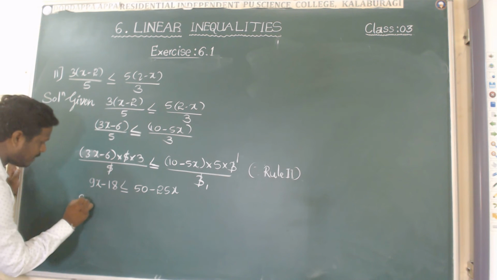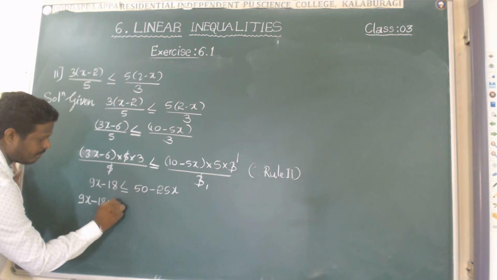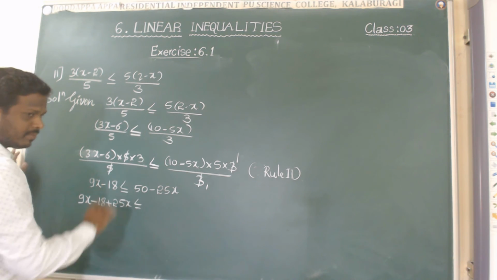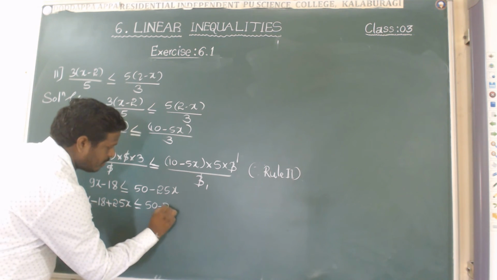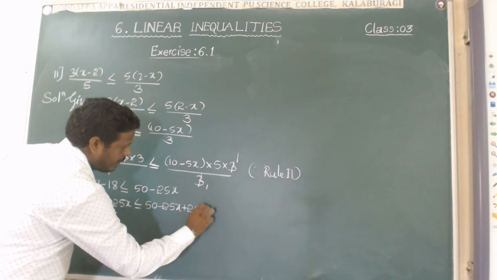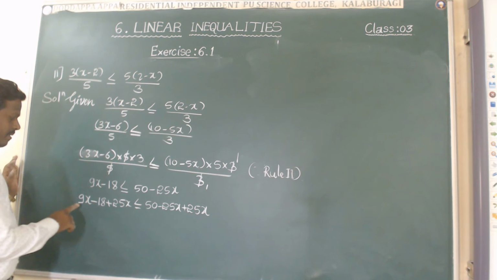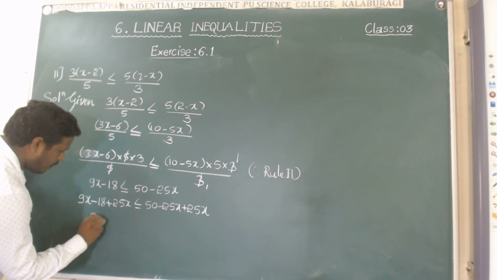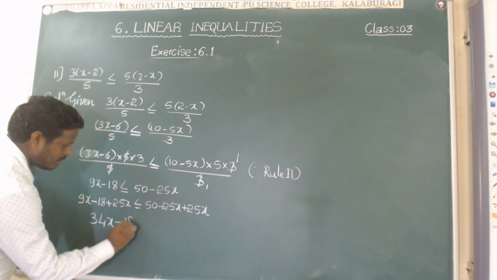I am adding here both sides 25x. The symbol will be the same. 50 minus 25x plus 25x. Now simplify the LHS side. This is plus 9x and plus 25x become 34x. Yes or no?